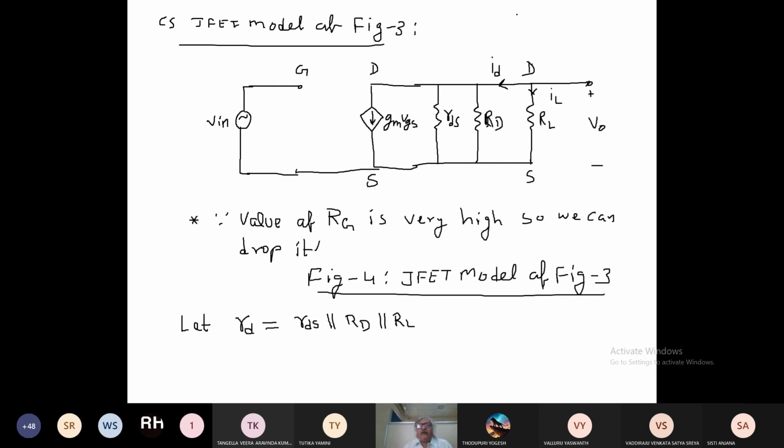Now see, suppose 3 ohm parallel with 50 ohm. What result will you get? What is the parallel combination value? Is it near to 3 ohm or near to 50 ohm?